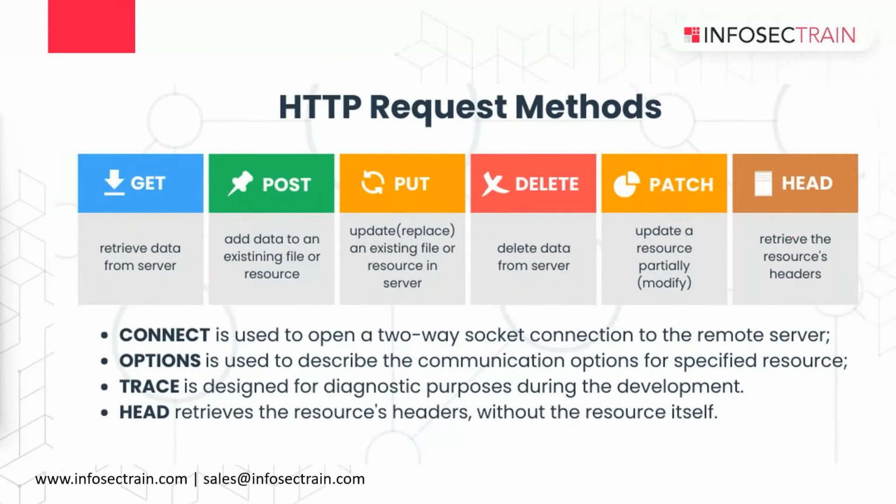The very first thing we have to understand, for understanding what changes were made in every version of HTTP, is the request methods. Whenever you are sending any request to any web application, right? At that time, what happens?